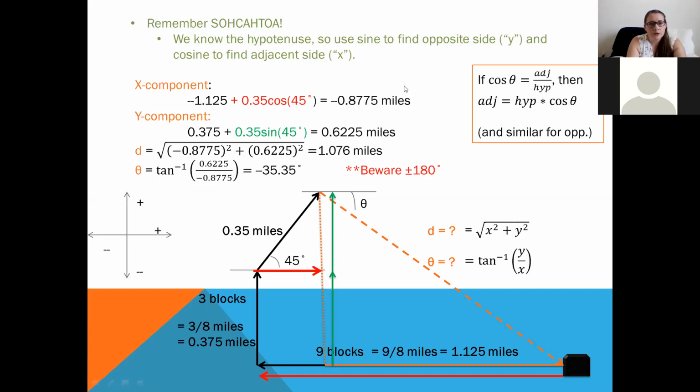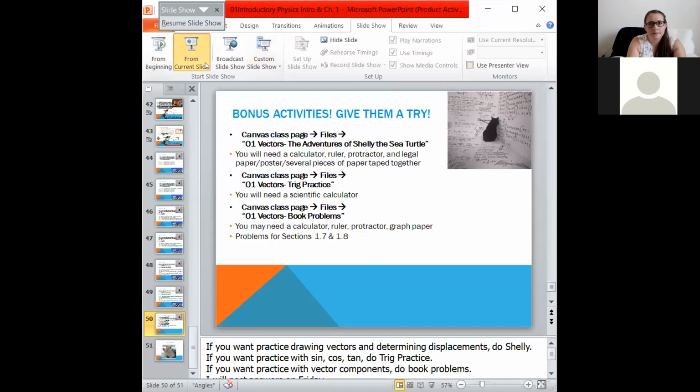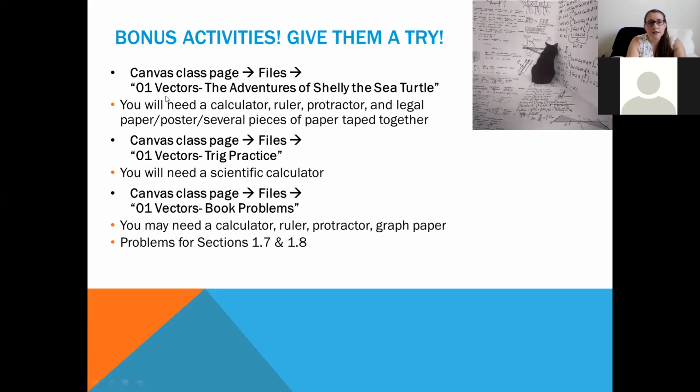And I'm going to show you this slide. Okay, so do you guys see this slide that's called bonus activities? Give them a try. Yes. Okay, good. So you'll see this again when we actually finish chapter 1.